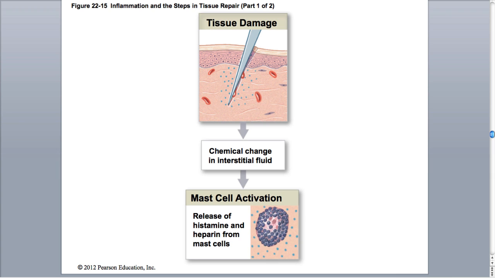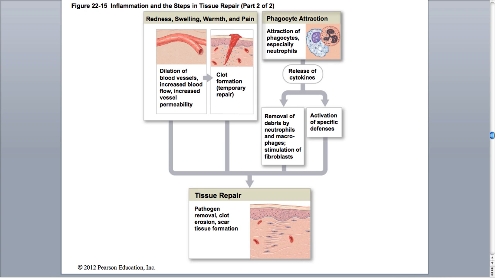So it increases swelling and blood flow to that region. The slide continues with this picture. Dilation of blood vessels, which means what? Increased blood flow, increased vessel permeability, clot forms, and now here's where I said that what does it do? It brings in more of your white blood cells.